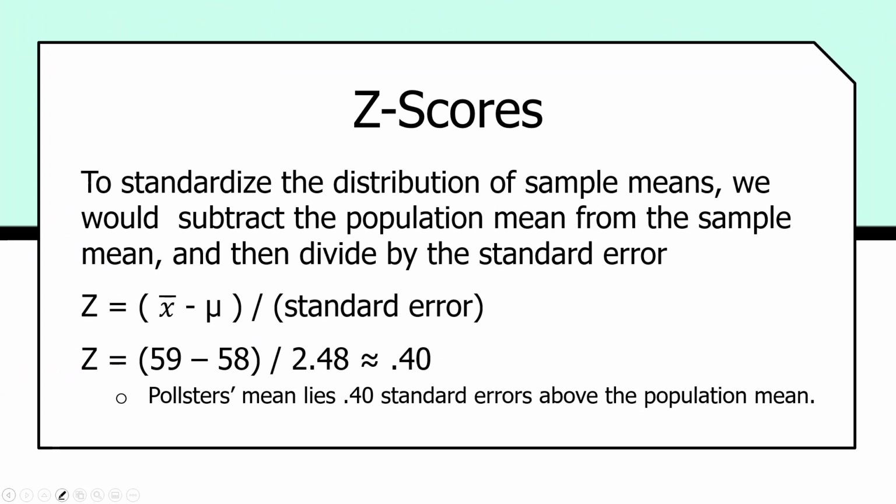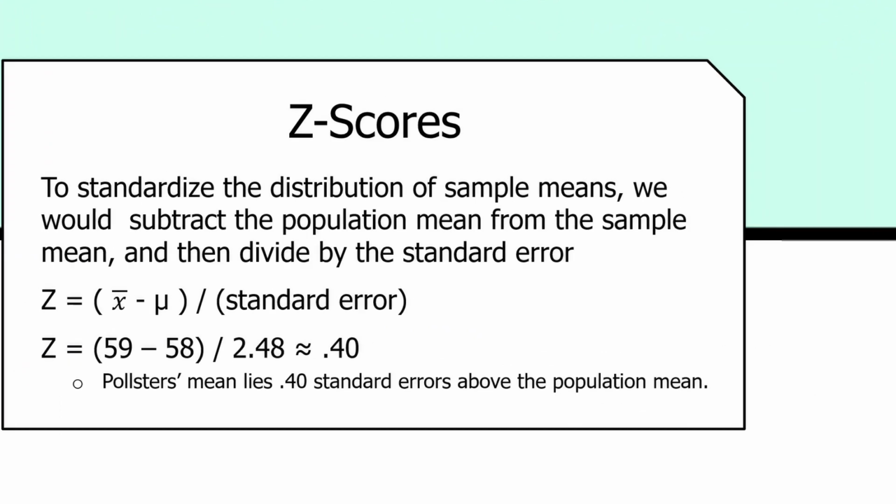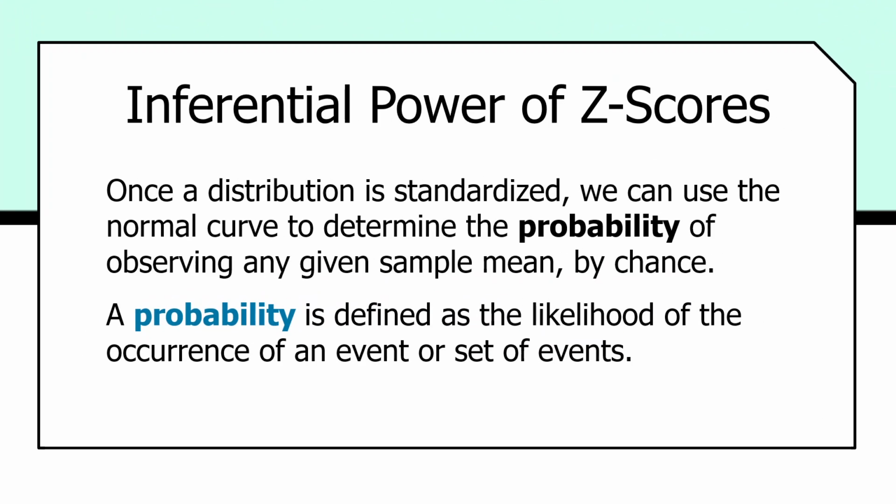And again, here's that distribution of z-scores. We happen to know, thanks to statisticians, that if we go from a z-score of -1 to a z-score of +1, that's the interval that contains 68% of all possible sample means.